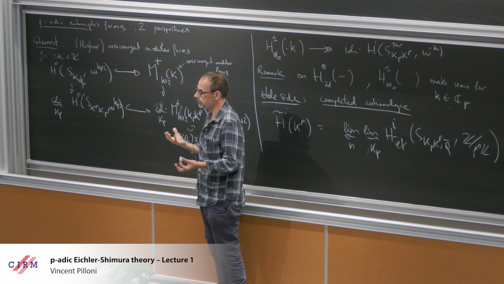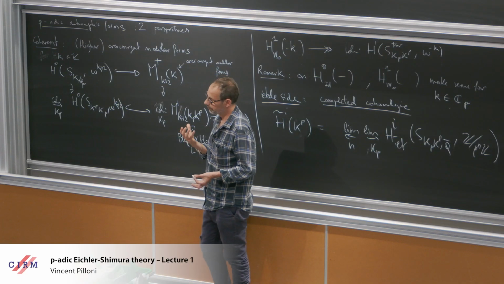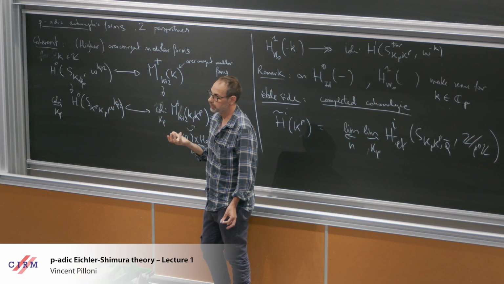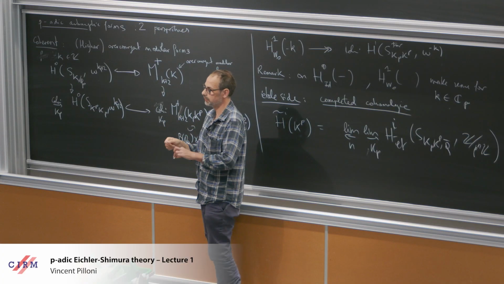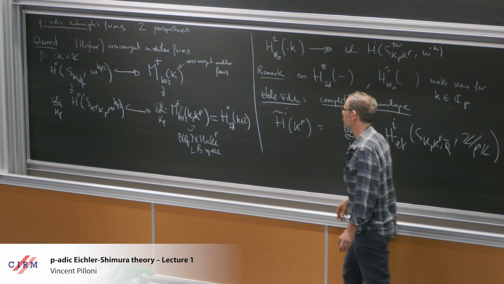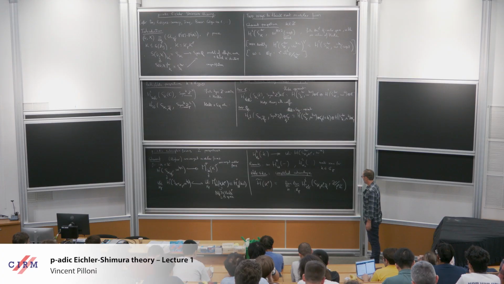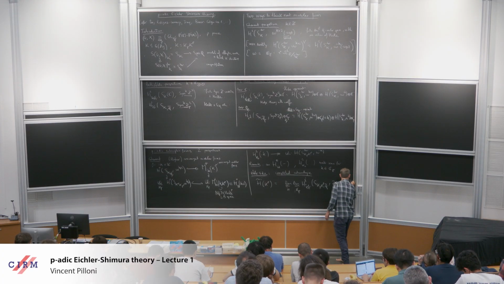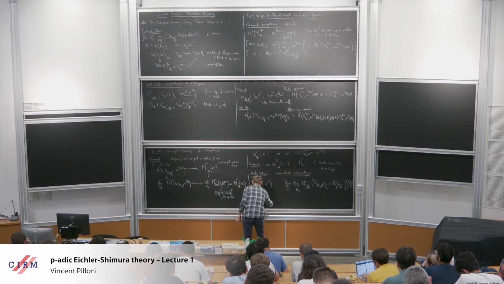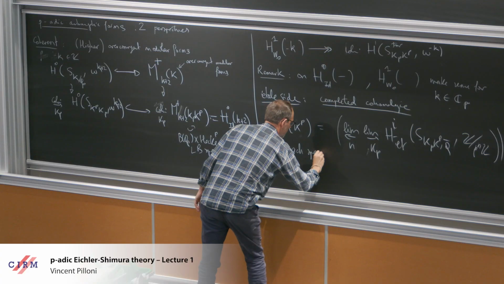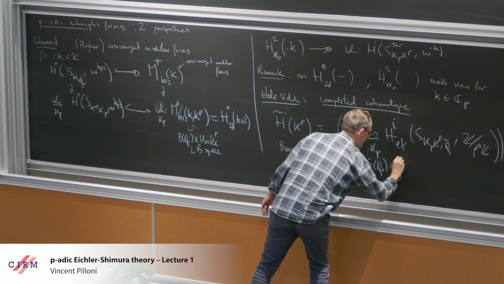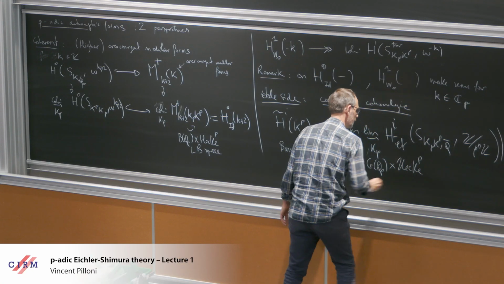And therefore it makes sense to use as a parameter not the actual weight, the p-adic weight, as we saw this morning, but rather its logarithm, because any two weights with the same logarithm will differ by a finite order character. Okay, and then I invert p. So that's rational completed cohomology, and so this is now a Banach space with a G(Q_p) cross away from p action.